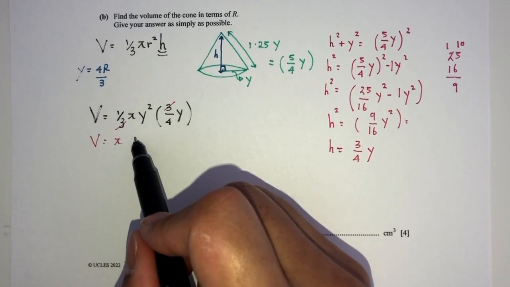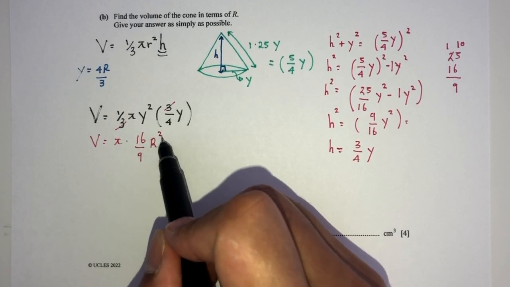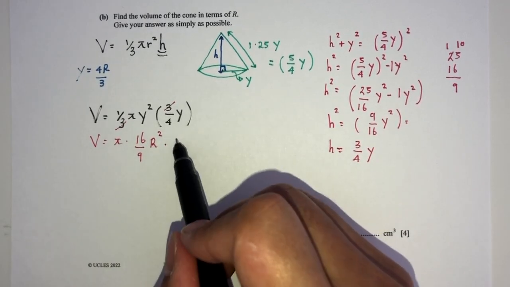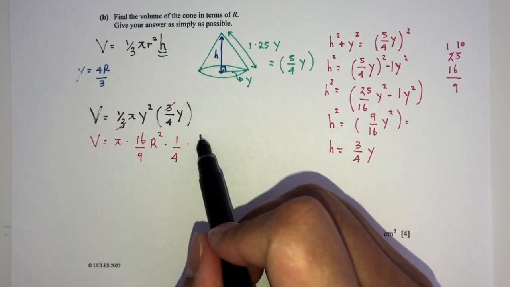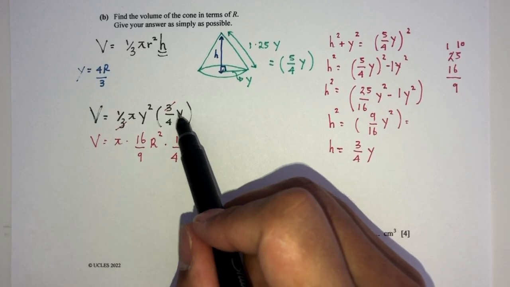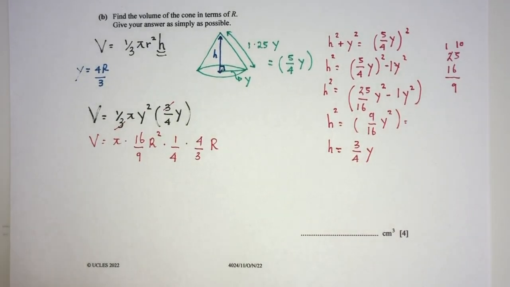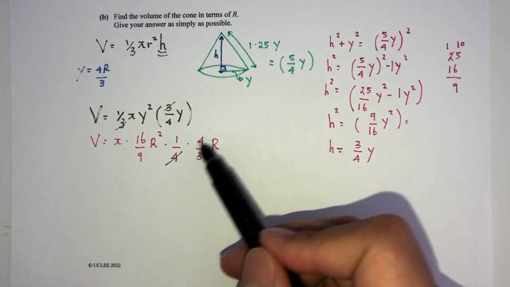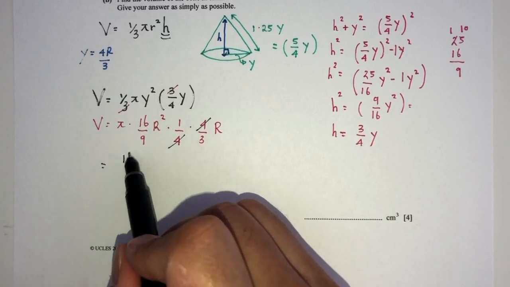So square of that will be 16 over 9 r squared. And then here we have 3 over 4 y, which is 3 over 4 times 4 over 3 r. All right, here. Simplify. This and this will cancel out. And the rest will be 16.